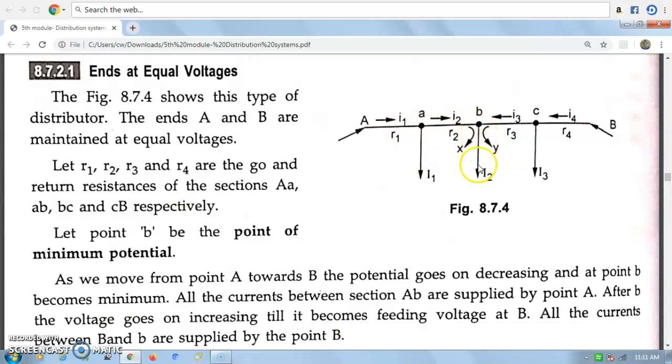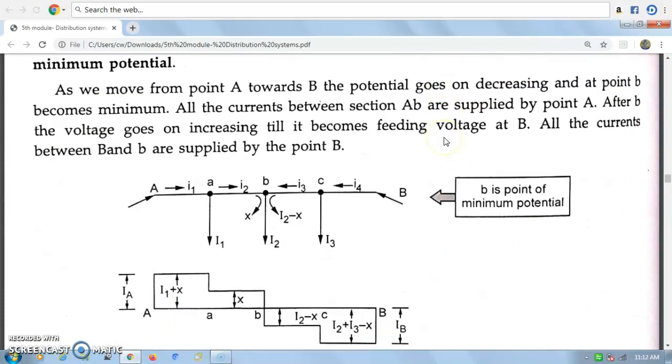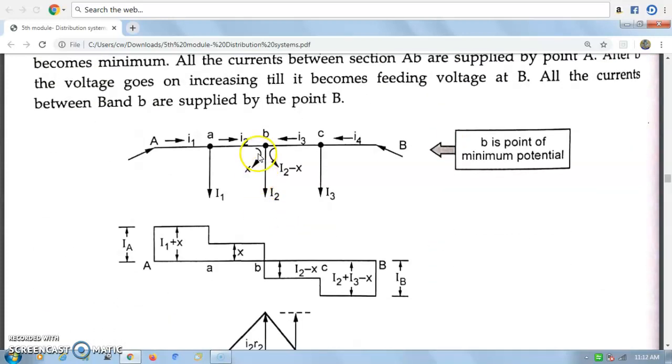Up to here the voltage is supplied by point A. Next, after this point b, the voltage is supplied by point B. Hence, from small b to capital B, the voltage goes on increasing. This side is supplied by B and this side is supplied by point A. See, b is the minimum potential point.